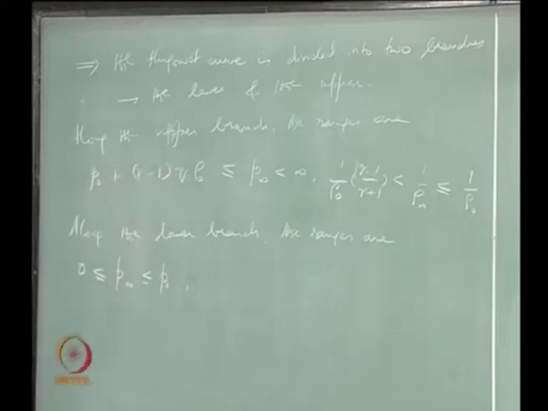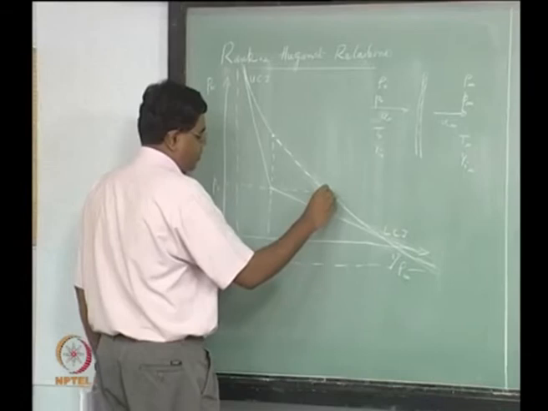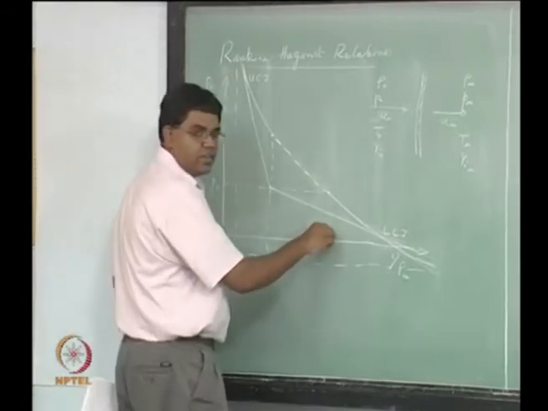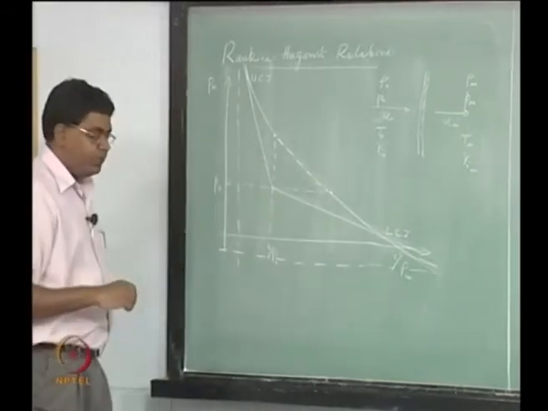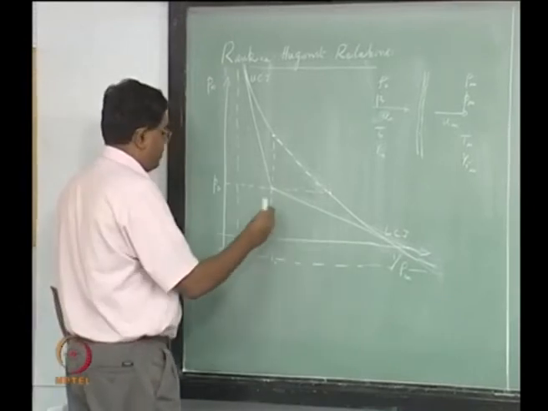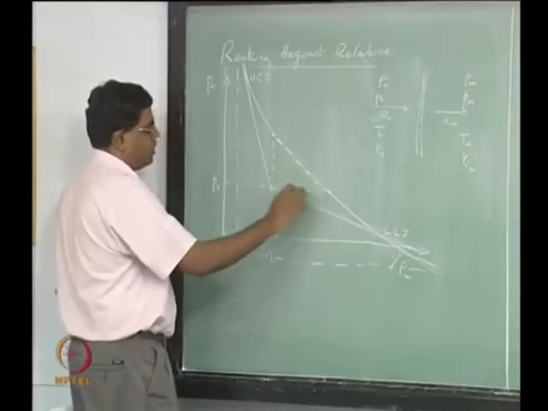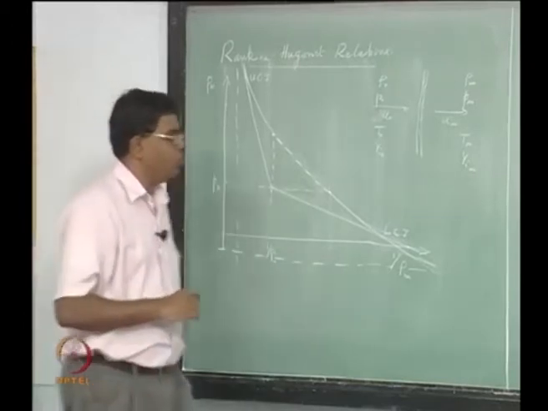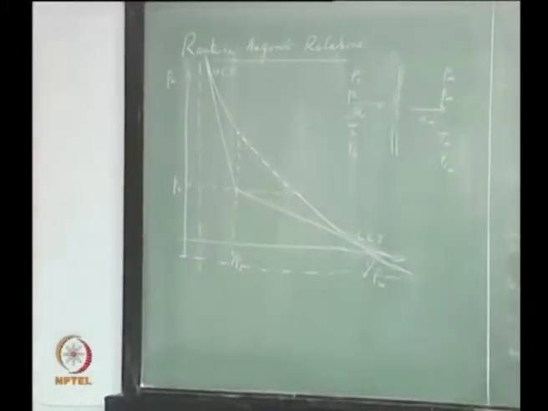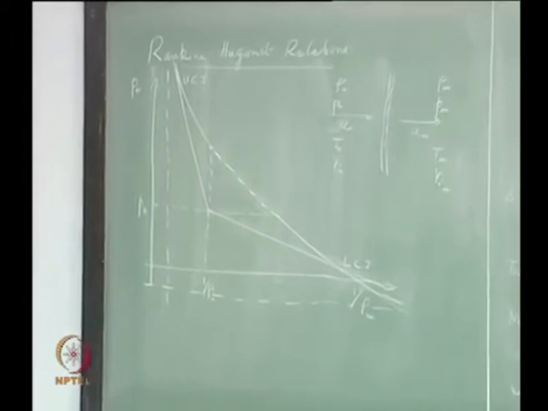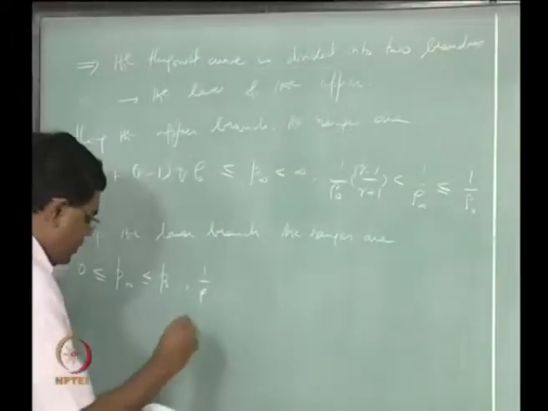Okay, and you now look at the lower branch. It starts from here, so the lowest value of 1 over rho infinity corresponds to this value, which is obtained by plugging P infinity equal to P naught. If you plug P infinity equal to P naught in the Rankine-Hugoniot relation, you should get an expression that depends on Q linearly.